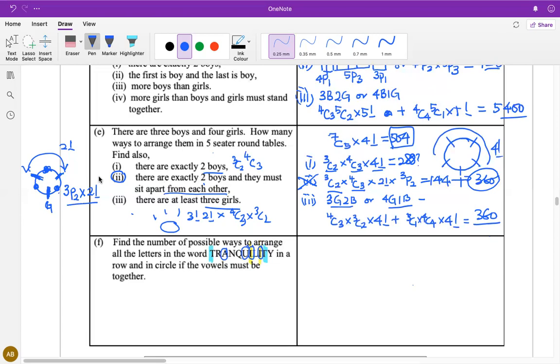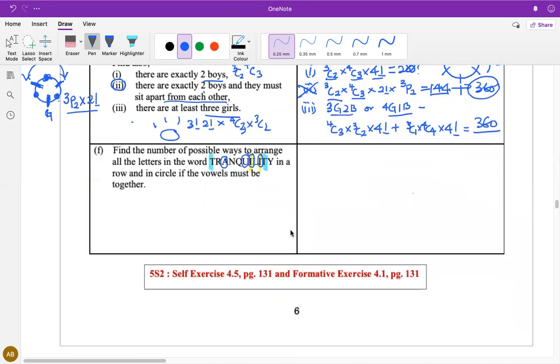So it's 3 factorial, 2 factorial, 2 boys, 3 girls, 6 factorial, 2 factorial, 3 choose 2 times 3 choose 2, 4 choose 3. So it's 360 and different. This one is 144, this one is 360. So never mind. Later on I will figure it out.